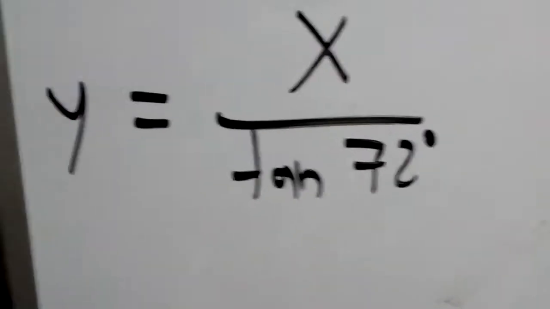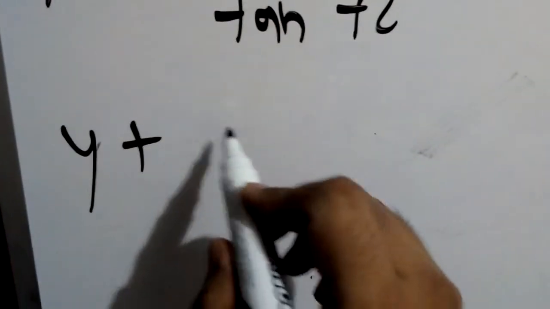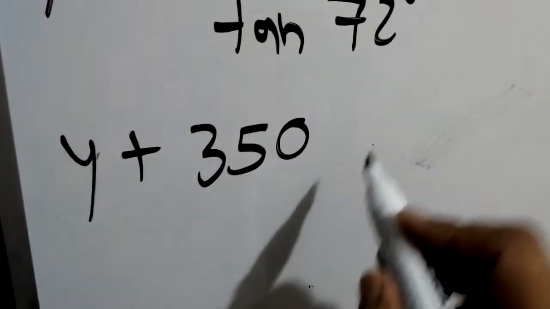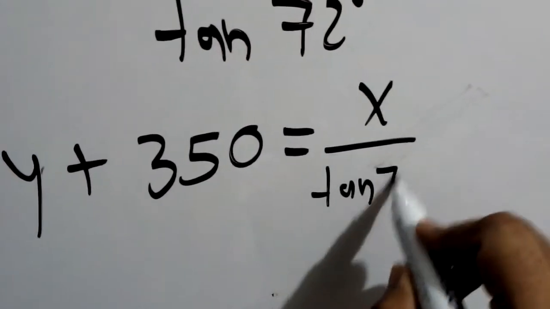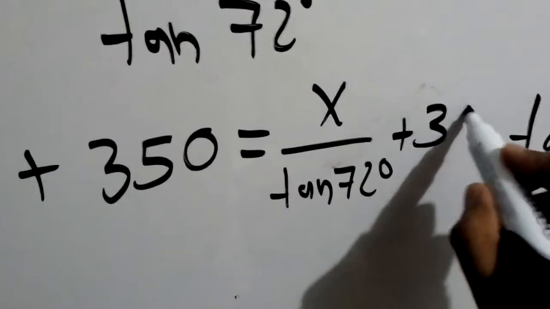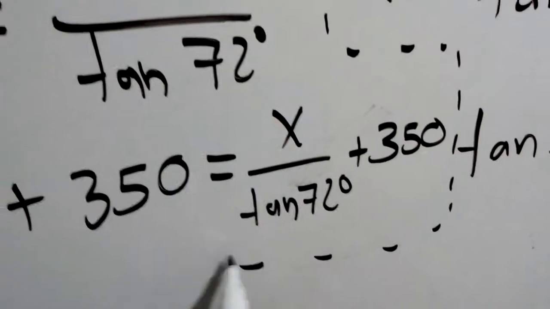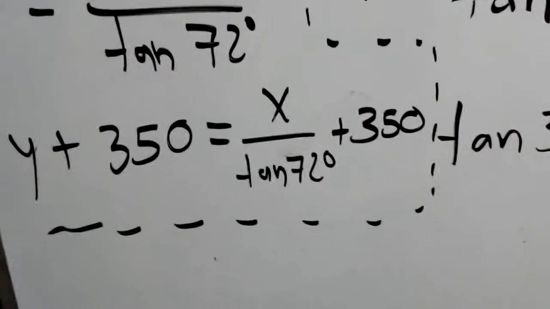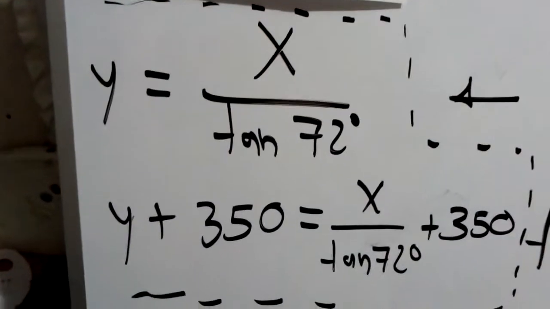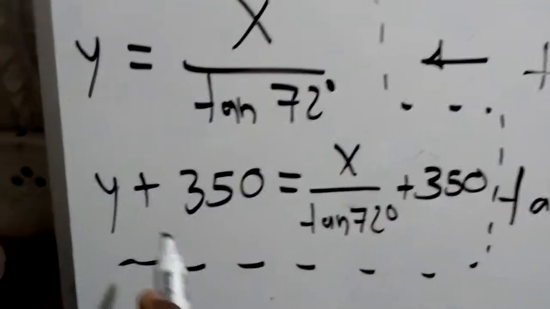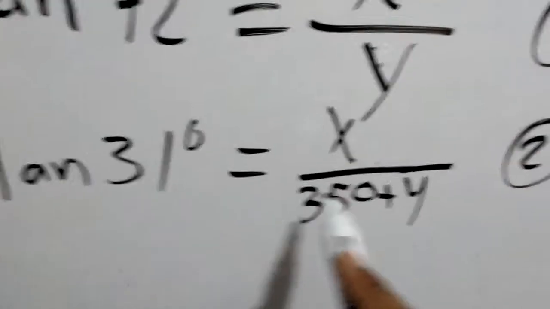Now, if y is equal to x over tangent of 72 degrees, if we add 350 on both sides, you have y plus 350 equal to x over tangent of 72 degrees plus 350. If you have this equation, you just add 350 to both sides, and now you have this quantity y plus 350 that is the same as here.